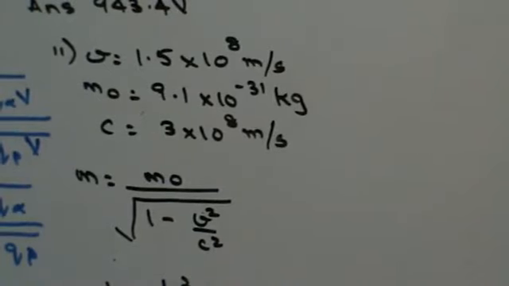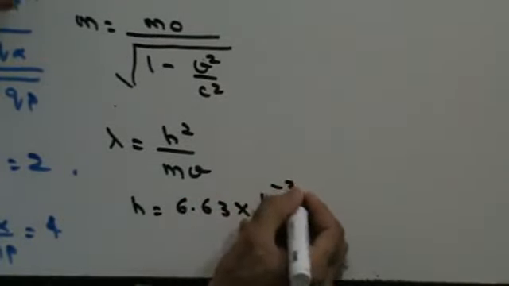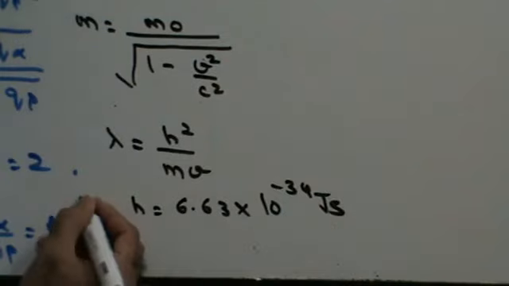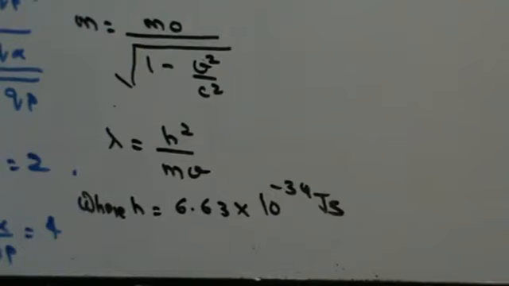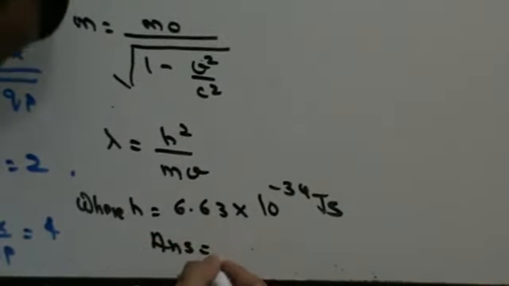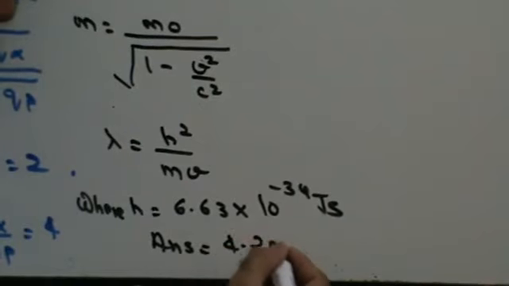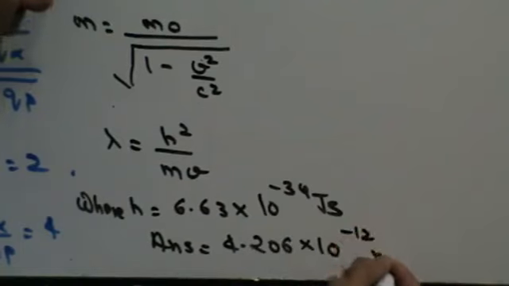Right, h is Planck's constant, which is 6.63 into 10 raised to minus 34 joule seconds. So I could substitute the values and get the answer. The answer for this sum should be 4.206 into 10 raised to minus 12 meters.